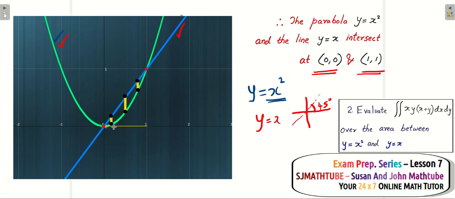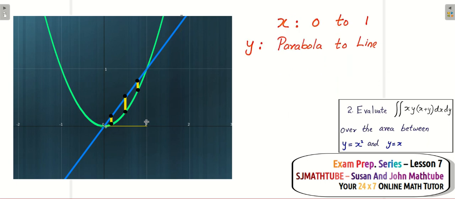I had colored it with yellow. So clearly the limit of x will be from 0 to 1. You can check it. When the stripe is here, the projection is here. If the stripe is here, then the projection will be here. So basically x varies from 0 to 1.